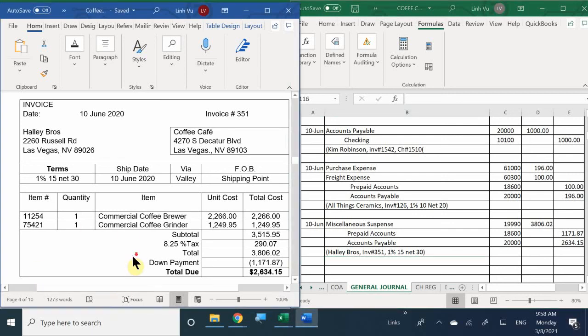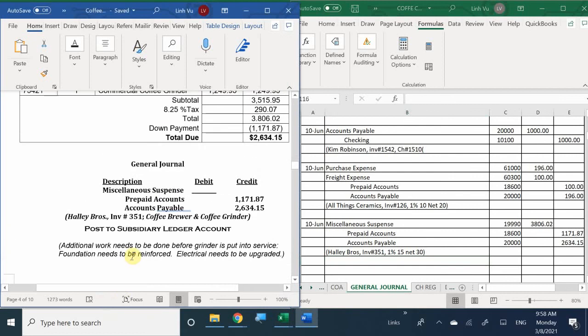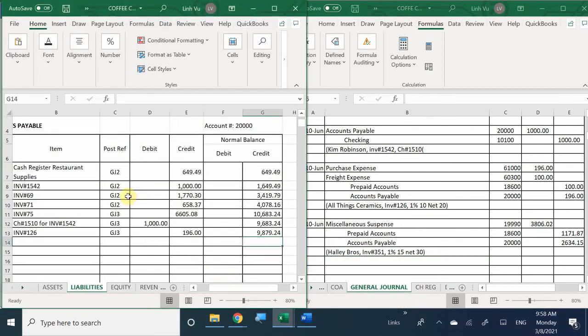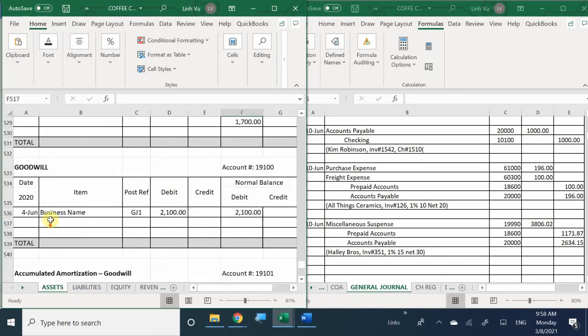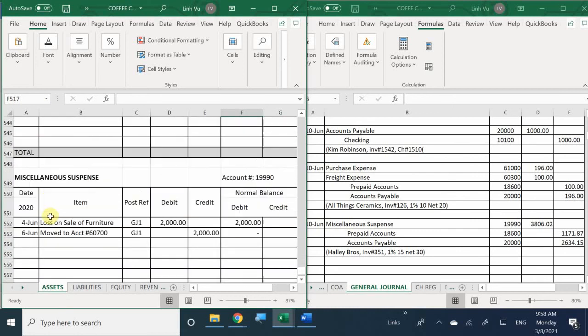All right. So now that I have that, let's go to my general ledger and update my miscellaneous suspense account, and so on and so forth. So here we are. Very down at the bottom is my miscellaneous suspense.